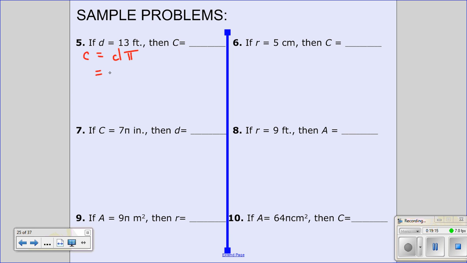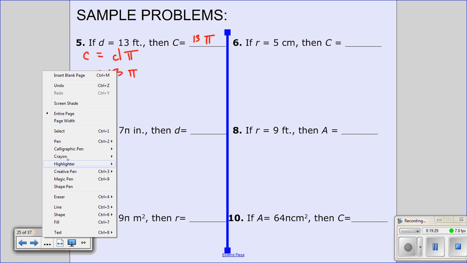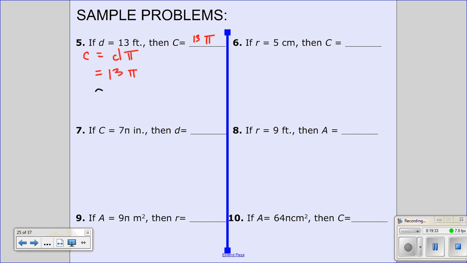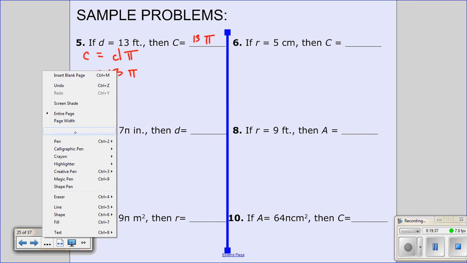So that means my circumference will be equal to 13 pi, which is a great final answer. It's your exact answer. But if you want to grab a calculator to approximate, you're more than welcome to, but this 13 pi is perfectly fine on its own.